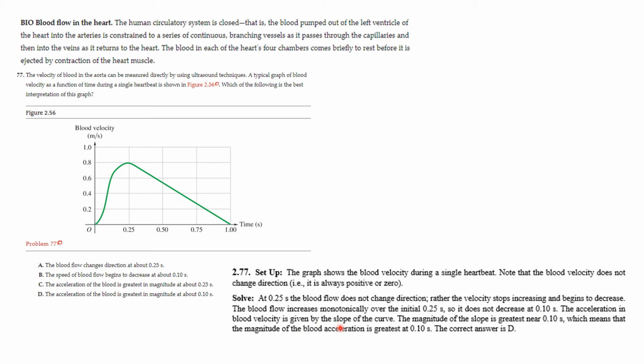The acceleration is the slope of the curve, and we can see that the magnitude of the slope is greatest near 0.10 seconds. It's almost going straight up, which means that the magnitude of blood acceleration is greatest at 0.10 seconds. So the correct answer is D.